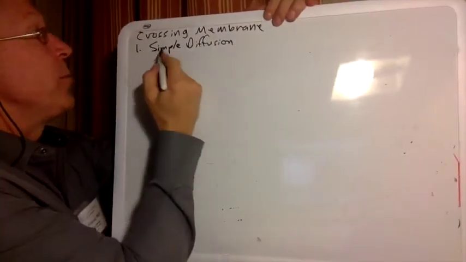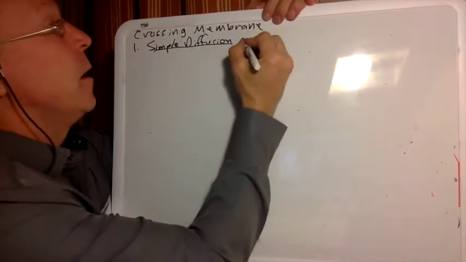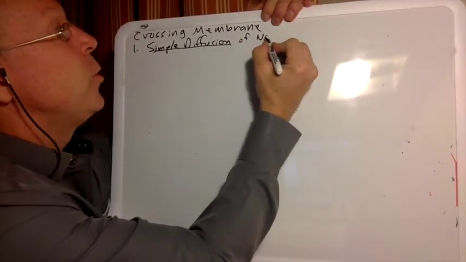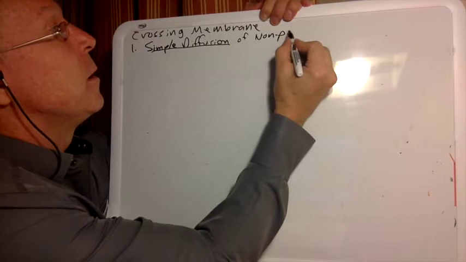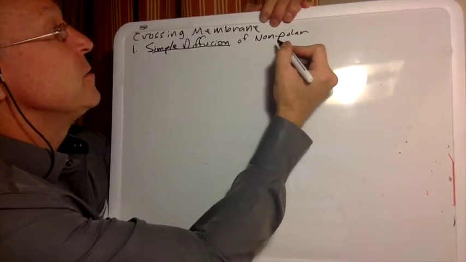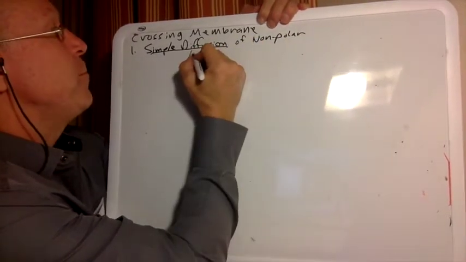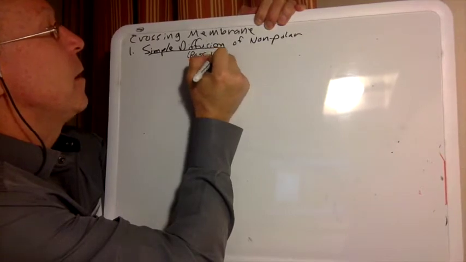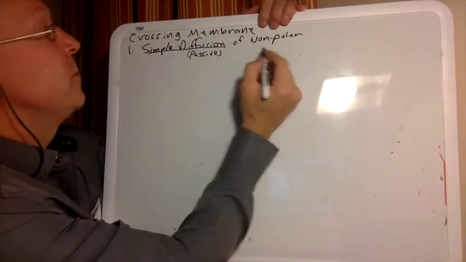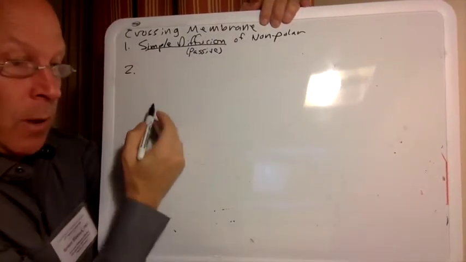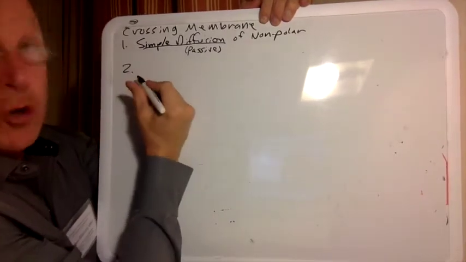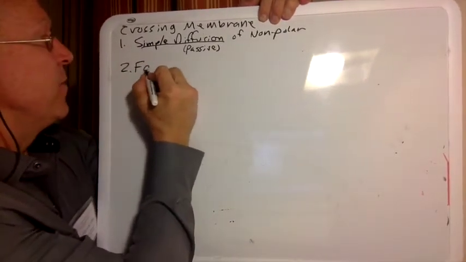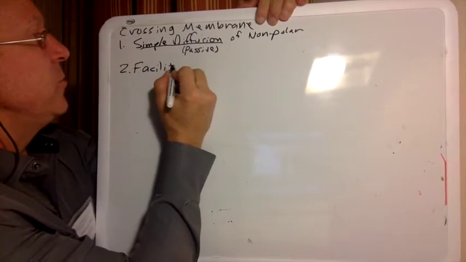So, simple diffusion of nonpolar substances, of course, remind ourselves, passive, nonpolar substances. The second one, checking the list, this is a new term to add to our lecture, facilitated diffusion.